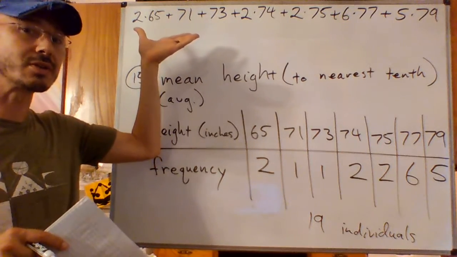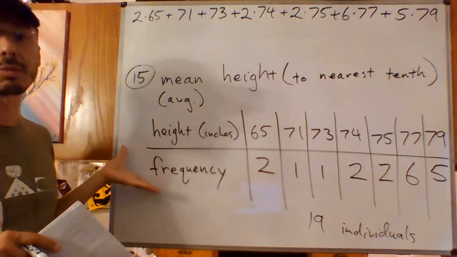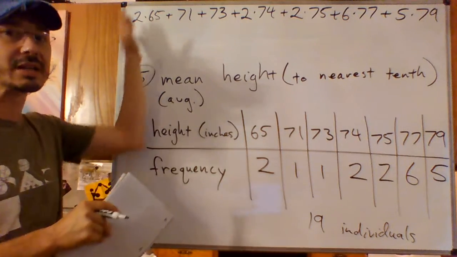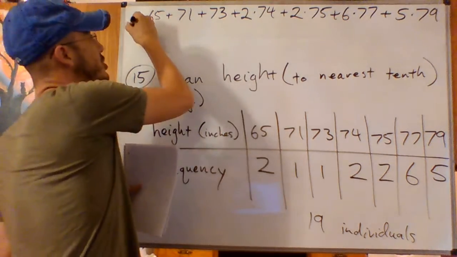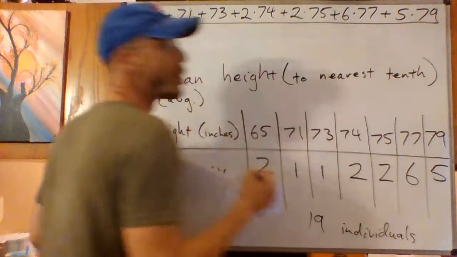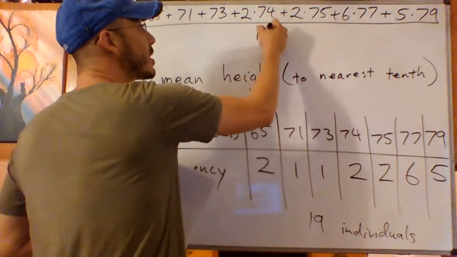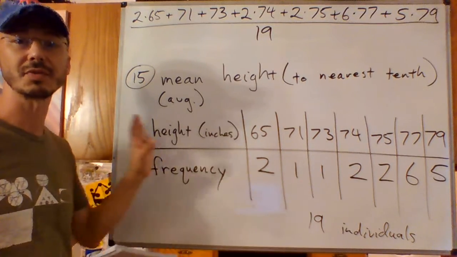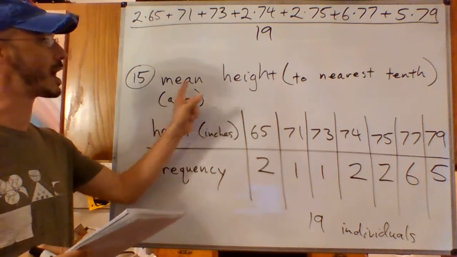If you're still learning how to do this, though, this is a frequency table. So maybe if this is your first frequency table problem, you should probably write it down. It's not just this, but this divided by 19. And that's the average for this frequency table, the average height.